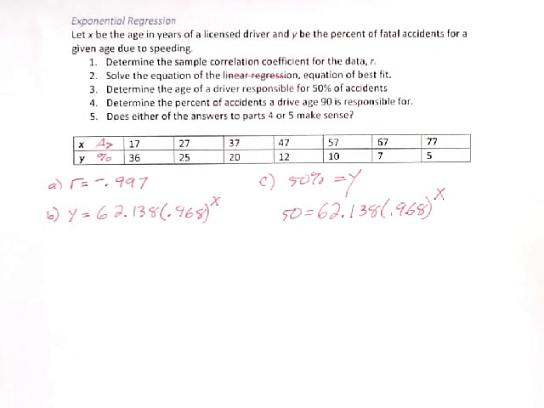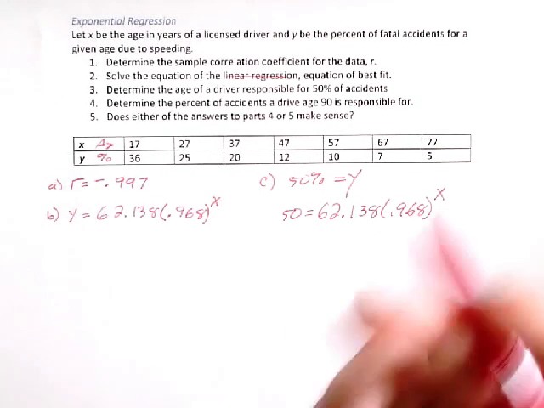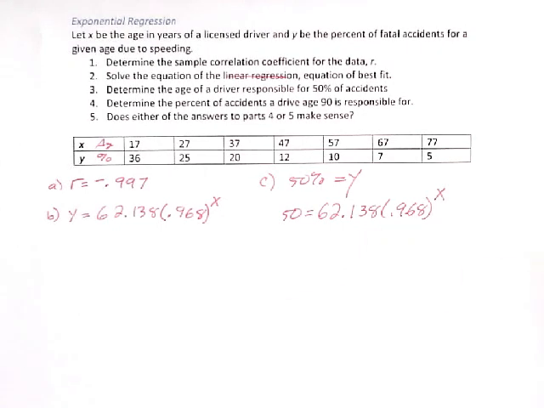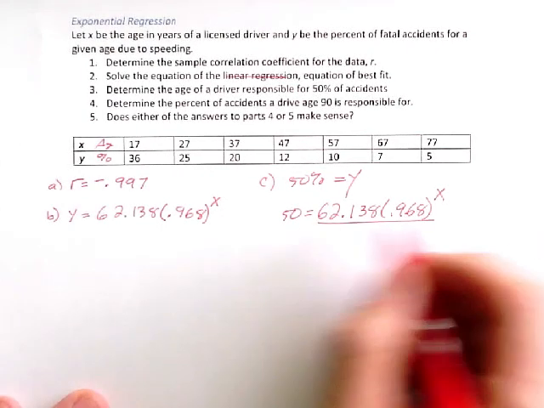Now, in order to solve for X here, we're going to need to use logs because we're solving for an exponent. And there's other ways to do this as well. I'll show you in a minute. But if we want any type of accuracy, we're going to have to do it by hand.